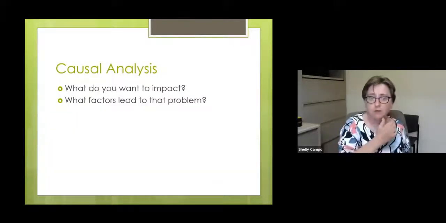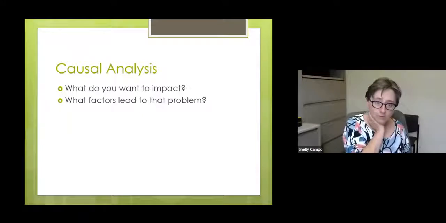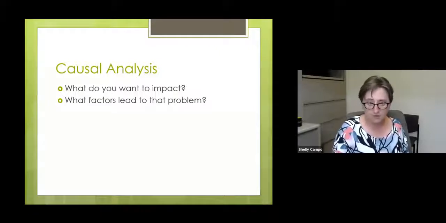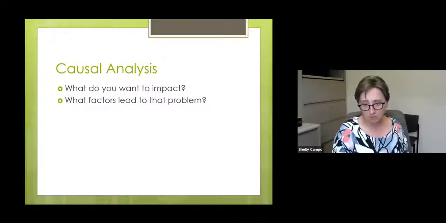And the other thing that would help you during the formative evaluation phase, and I was going to do an activity, but I don't believe that we'll have time, but I'm going to suggest that you do this for your own organization, is thinking about what do you want to impact, but most importantly, what factors actually lead to that problem.